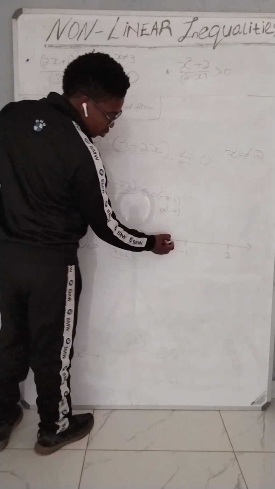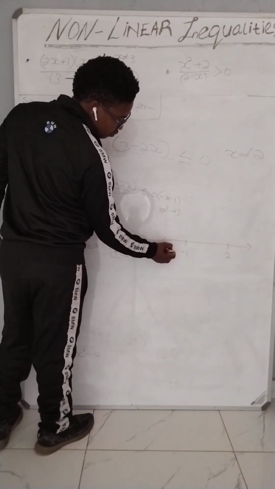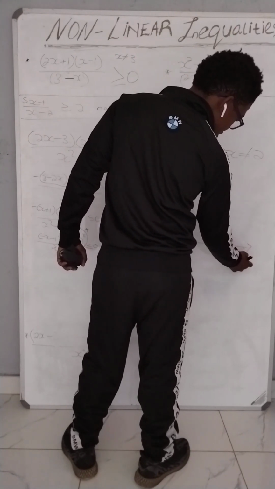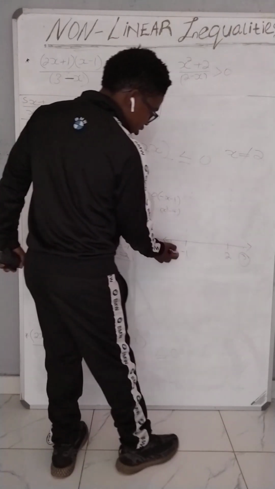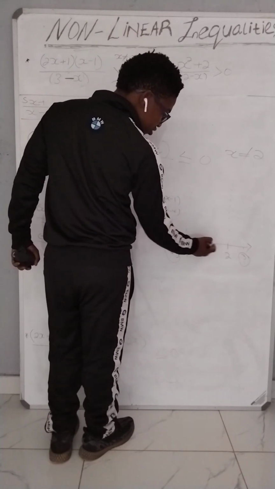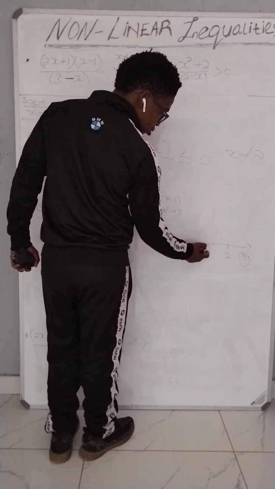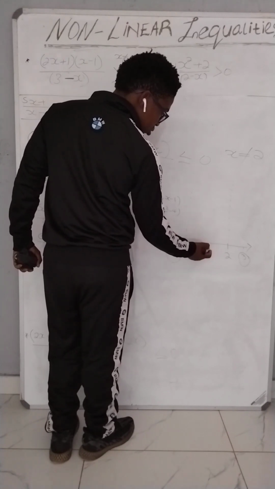So here you could possibly be having negative 2. Here you could possibly be having 3. These are just values that I put to guide us. Between negative 1 and 2, we can put 0.